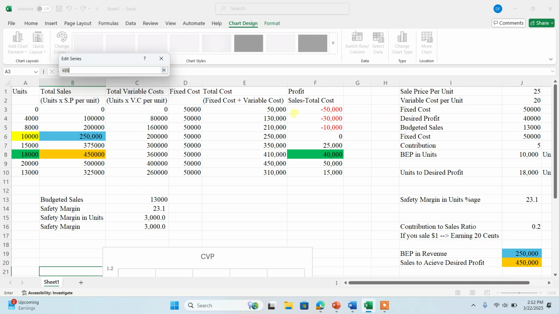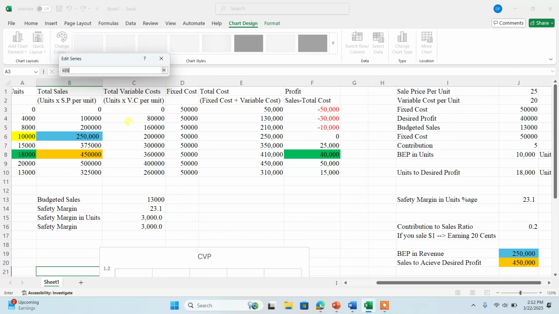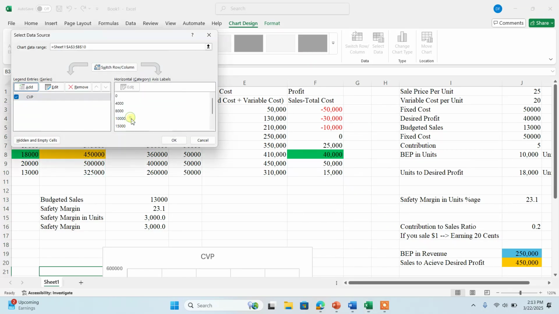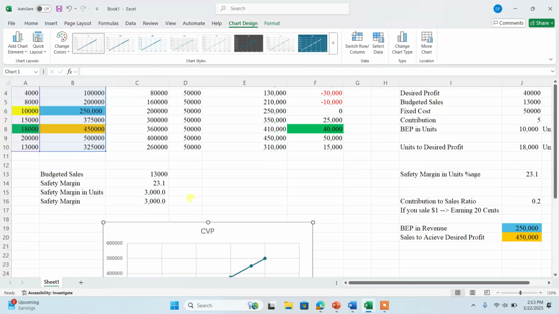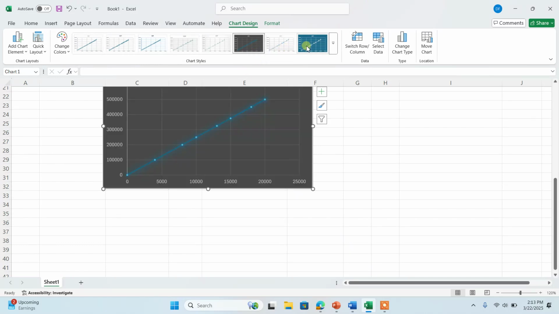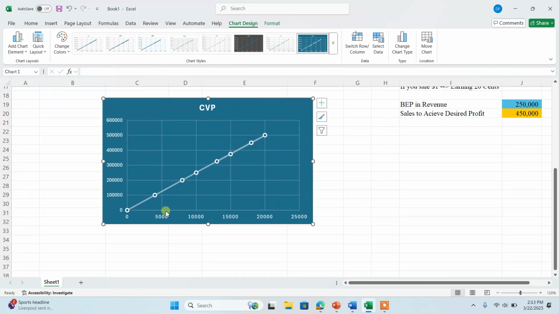On the y-axis, I'm taking the value of total sales. You can see that when I was selling 5,000 units, this is my sales volume. On 10,000, this is the sales volume.